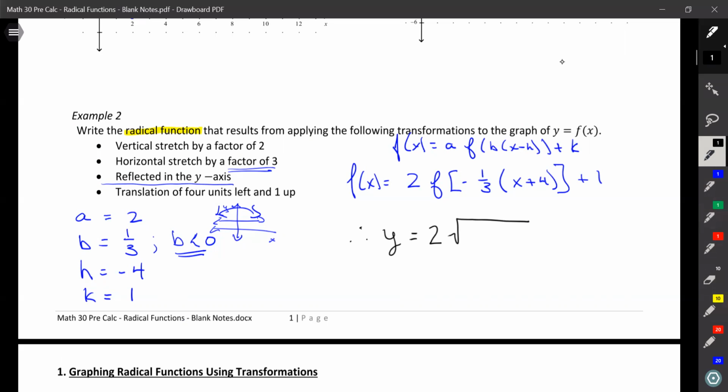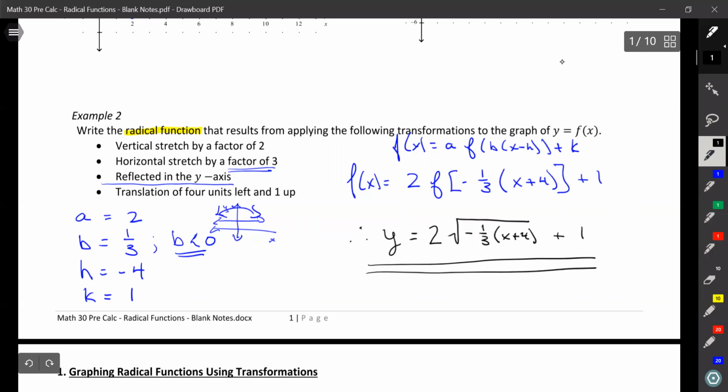And what goes underneath is what's in the brackets after the f. Negative 1 over 3 x plus 4. And then the k value is outside. So that is it written as a radical function.